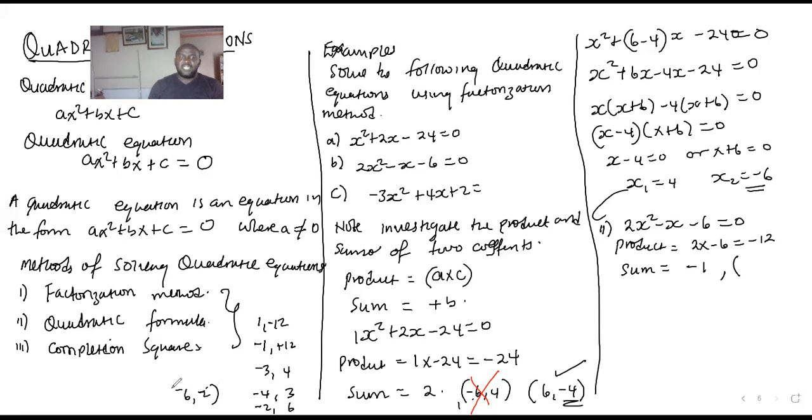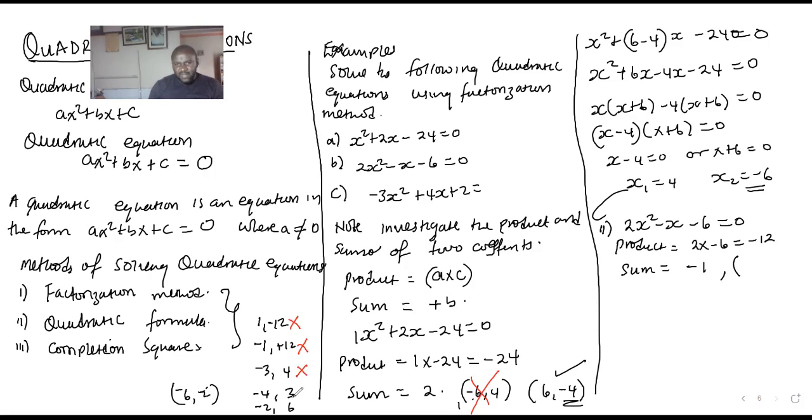In case you don't know how to find them, it requires you to list down all those factors. Then start eliminating one by one. Say 1 and -12, when I add them, do they give me -1? No. -1 plus 12, do they give me -1? No. -3 plus 4, do they give me -1? No, they give me 1.